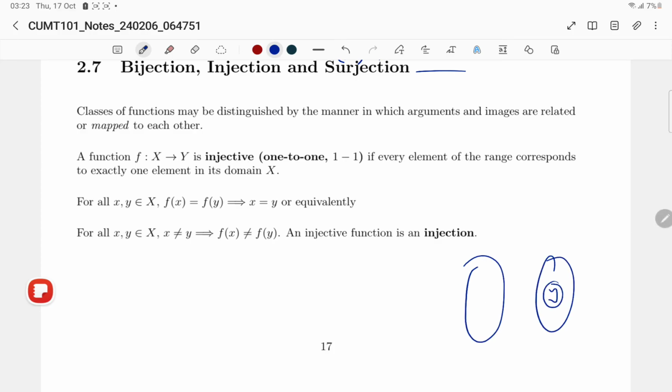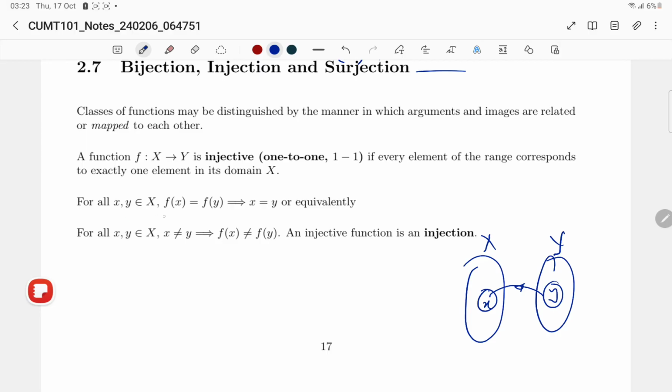We tag this y and ask ourselves, is this y corresponding to one element in the domain? But for us to now work on proofs of injection or one-to-oneness, we have to consider the following definition.